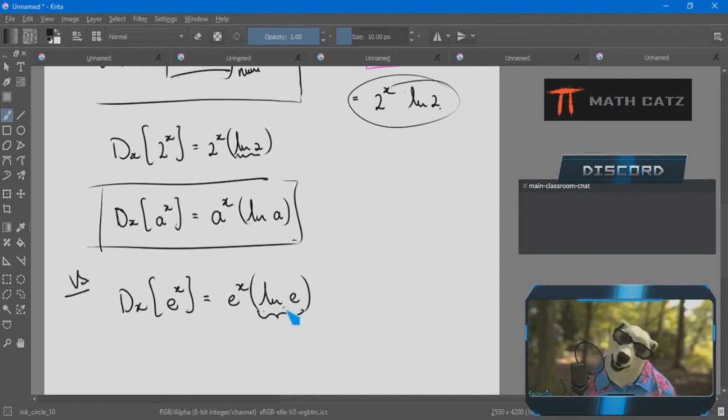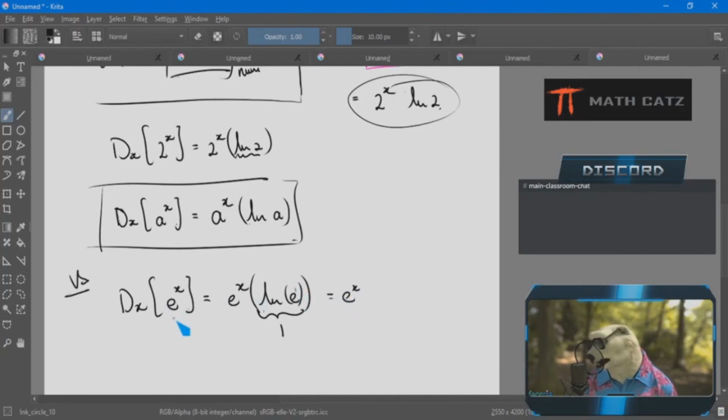Natural log of e, well, this represents the power of e that would get me the inside of the log, which is e. It's 1. Which I truly, truly hope everyone is super happy with, because we're going to see this many, many times. So I do get e to the x back, even in this general case.